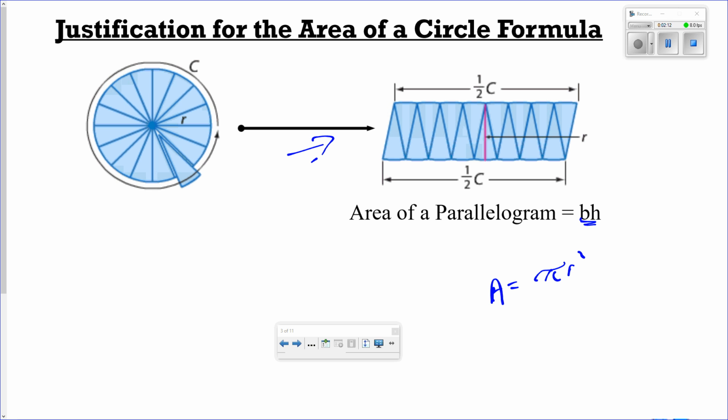The height would be this right here, which is also the radius. And this is going to be half of the circumference, half because the other half's down here, because we're alternating. If I took all of these curved pieces and added them up, we'd get the circumference. So it's just base times height.